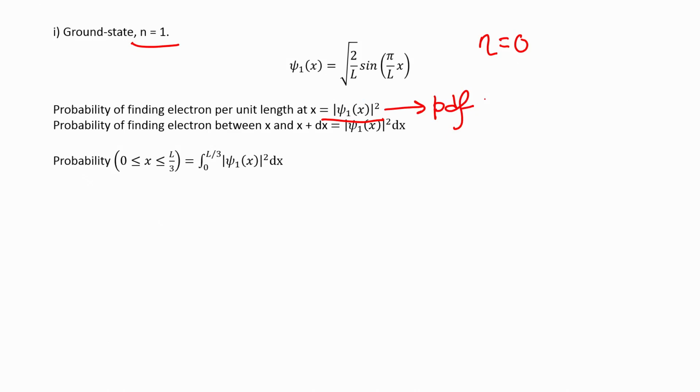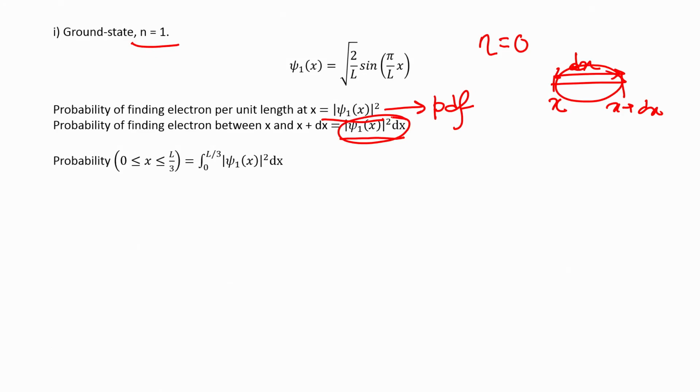So the probability of finding the electron between x and x plus dx will be given by mod psi 1 x whole square into dx, that is the PDF into dx, because you want to find the probability between x and x plus dx. This is your dx length, and the probability of finding the electron in this dx length is given by this expression.